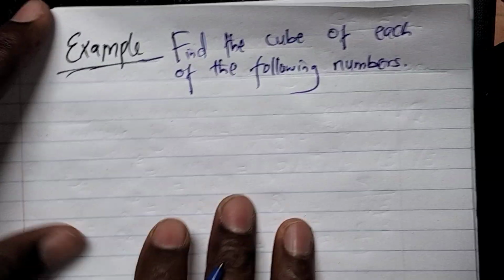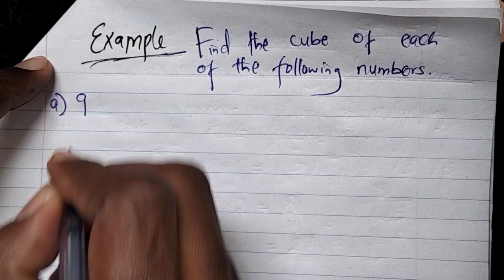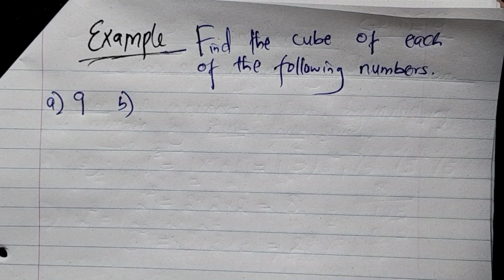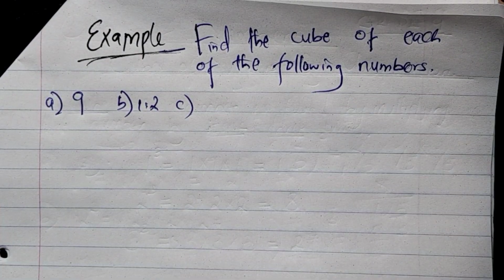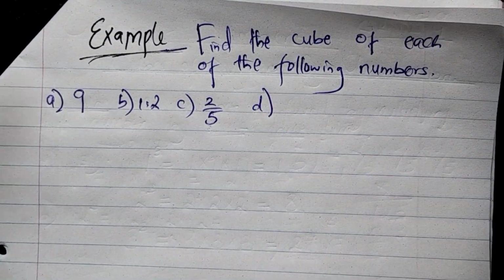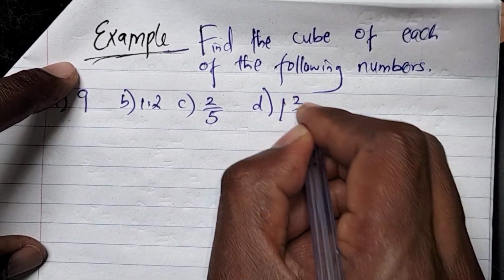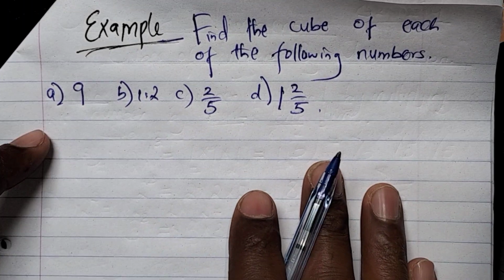We have A, 9; B, 1.2; C, 2 over 5; and D, 1 and 2 over 5. So by the application of the formula, let us solve this.